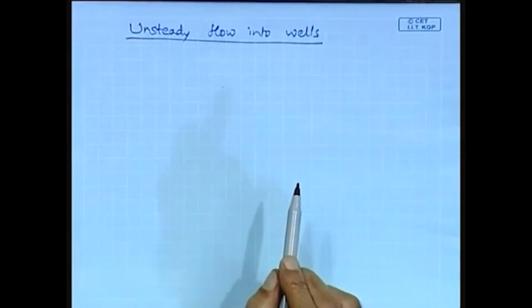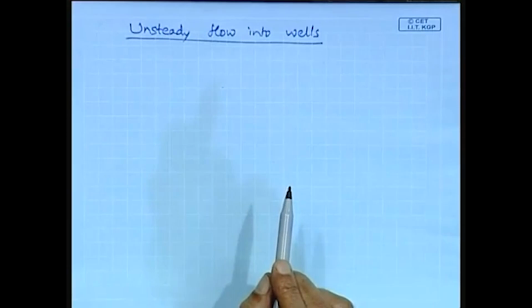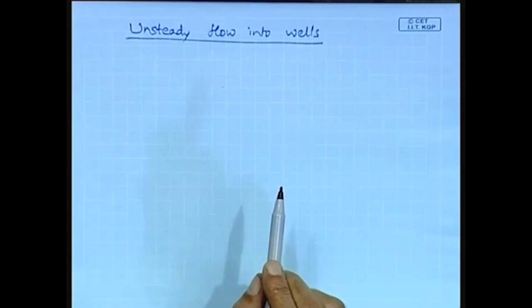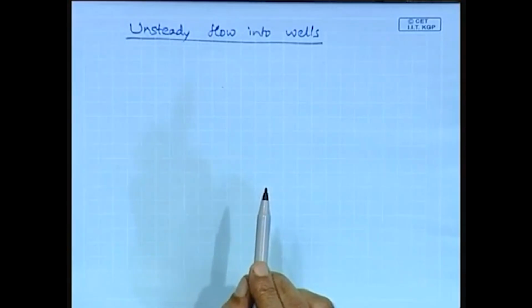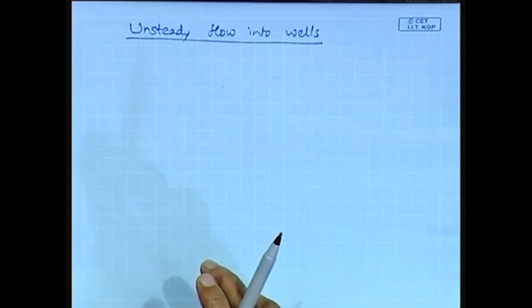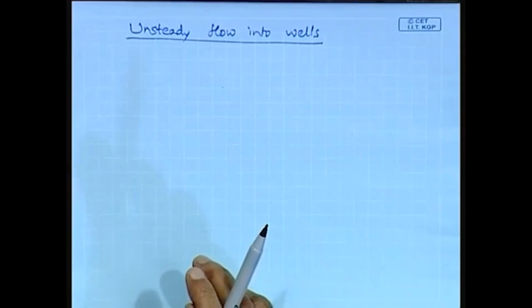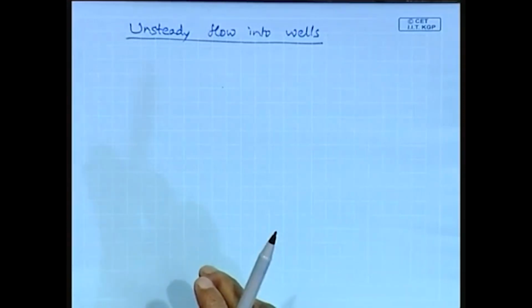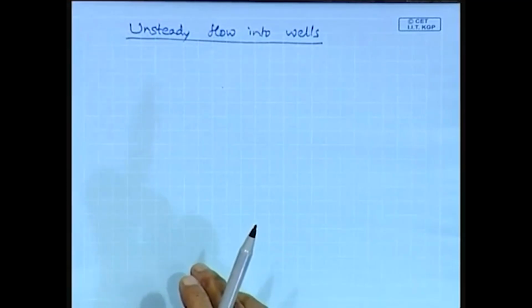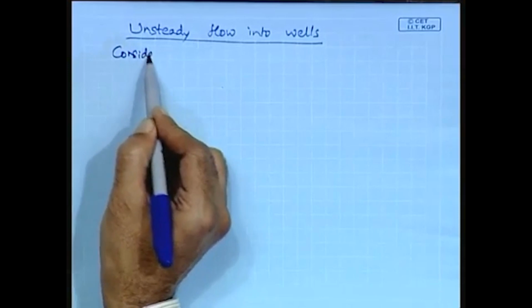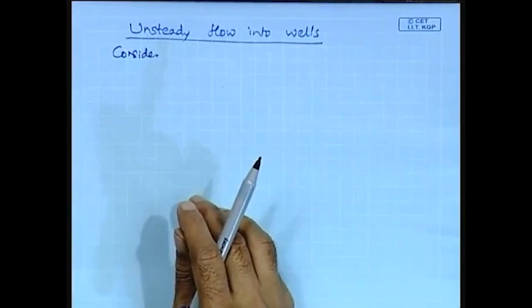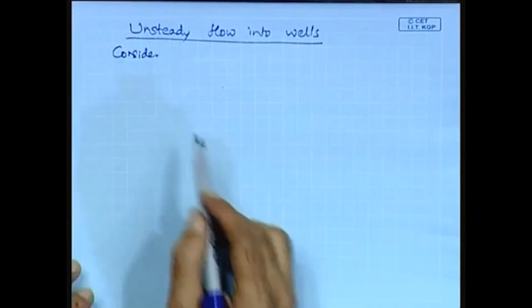And here, the flow is varying with time, and firstly let us consider the unsteady flow through a confined aquifer.